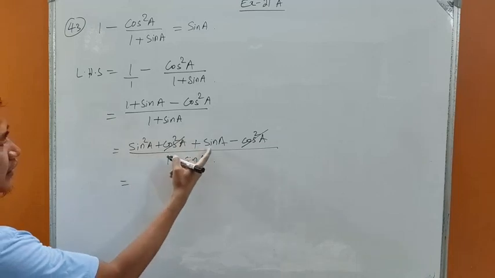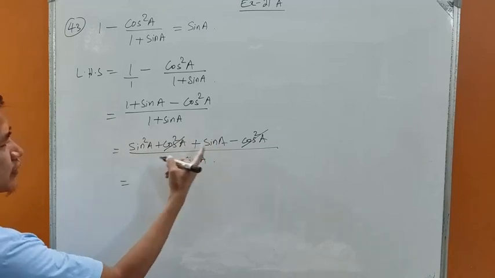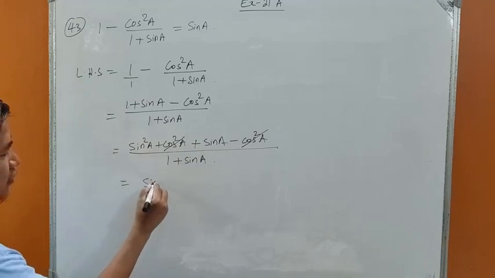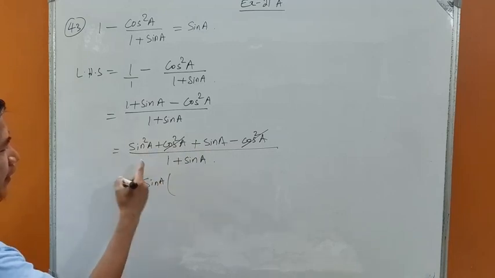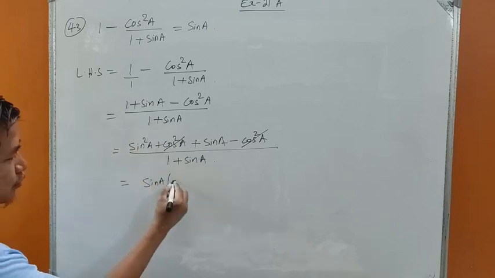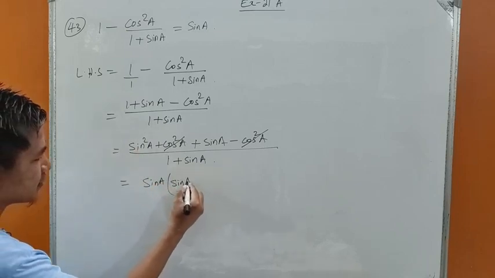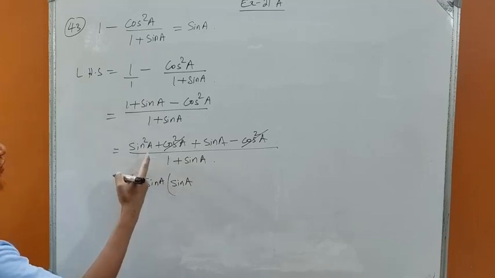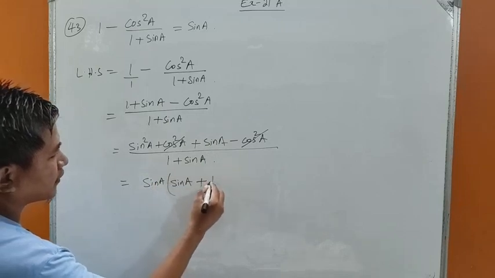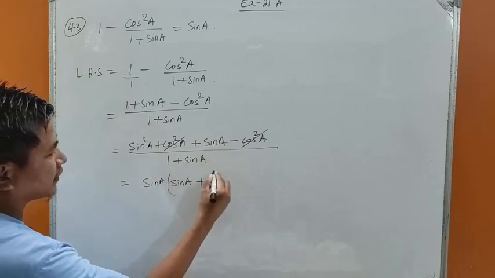So let's take the common out from these two. Here we have sin A and here we have sin square A. So sin A is taken common. So within the bracket remains, here sin square A, so we must write sin A, isn't it? Because sin A into sin A gives sin square A. Plus this sin A is taken common, so sin A into 1 gives sin A. Okay.